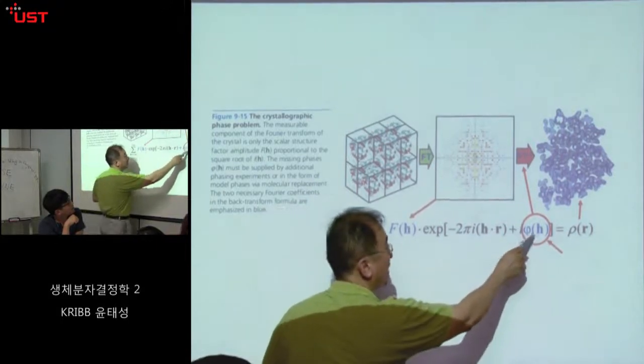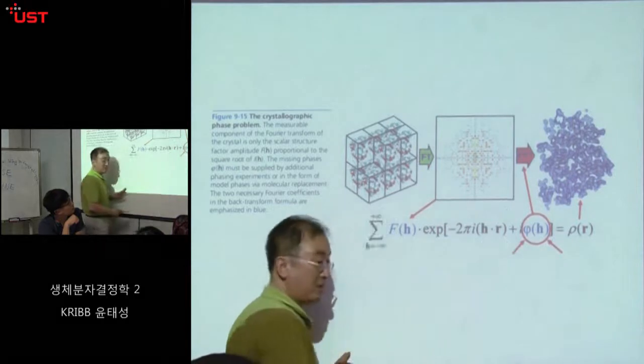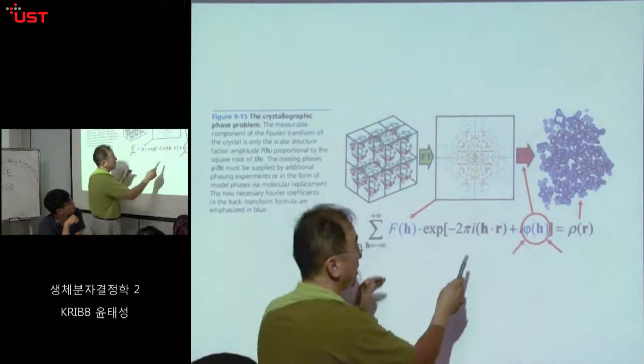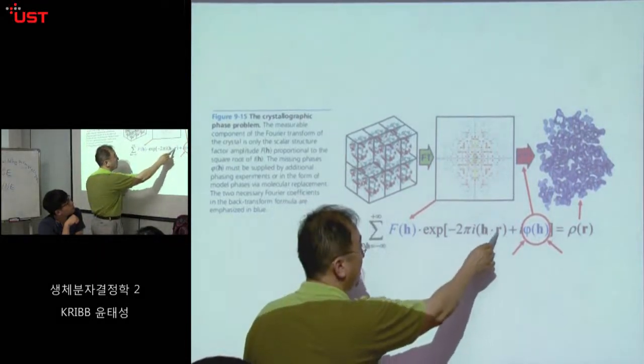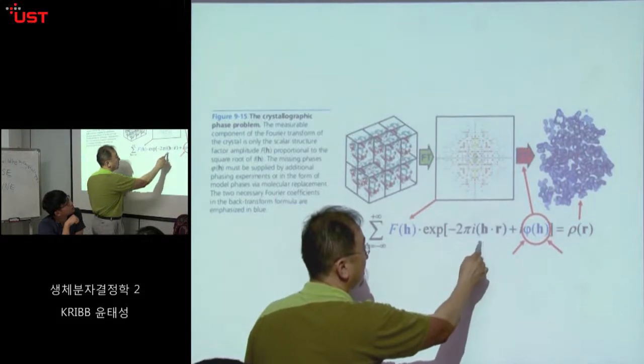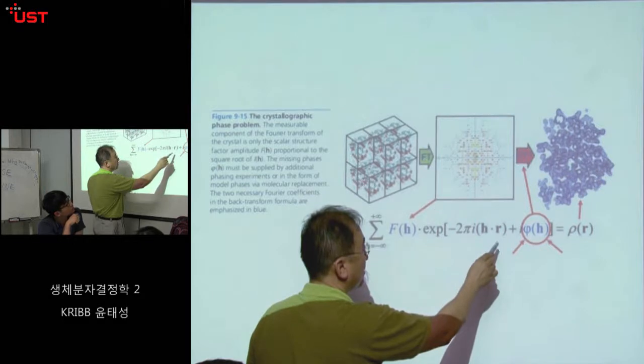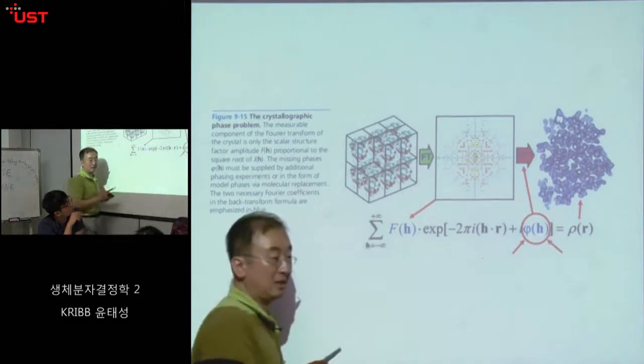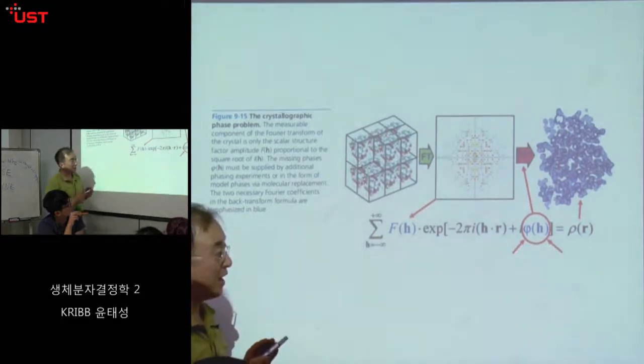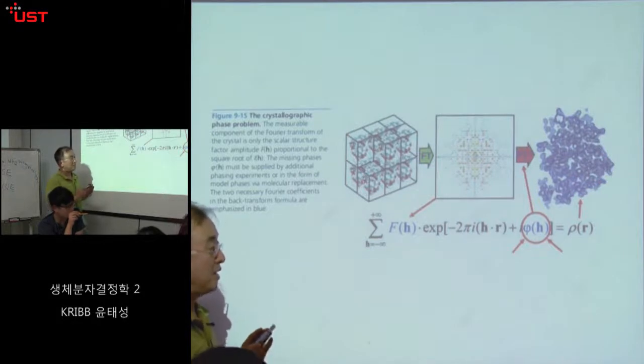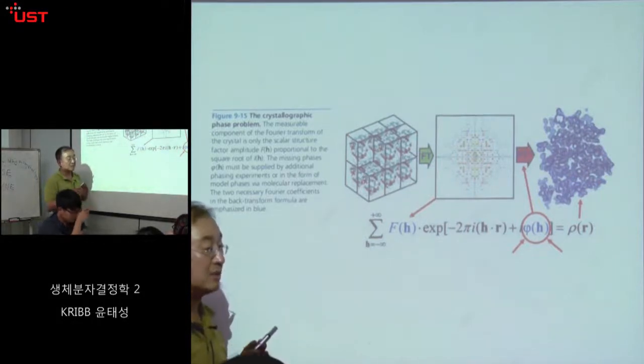Here, phi HKL. Okay? Then we can plug numbers there, and here H dot R means HX plus KY plus LZ. H multiplied with X plus K multiplied with Y plus L multiplied with Z. That's all.